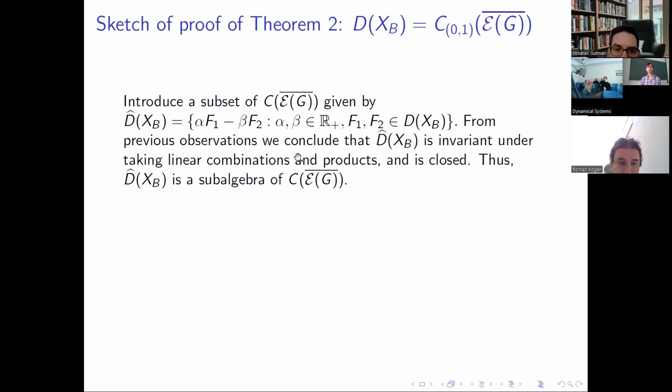And from previous observations, from these propositions, we conclude that this space of functions is invariant under taking linear combinations and products and is closed. And thus, it is a subalgebra of the algebra of continuous functions on the space of almost invariant ergodic measures.